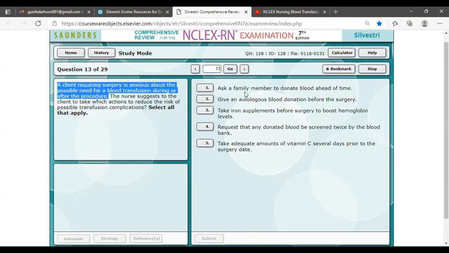Option 1, ask the family member to donate the blood ahead of time. So if you get a blood donor at home, it is good.